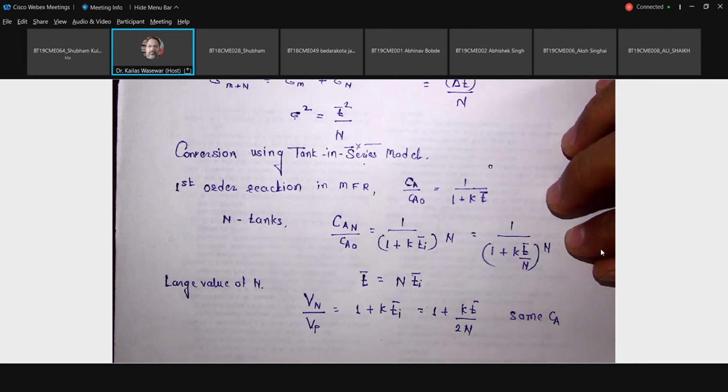Similarly, if the same volume is there, then we can compare the Ca final, Can divided by Ca0, with the plug flow reactor having the same volume, as a ratio.